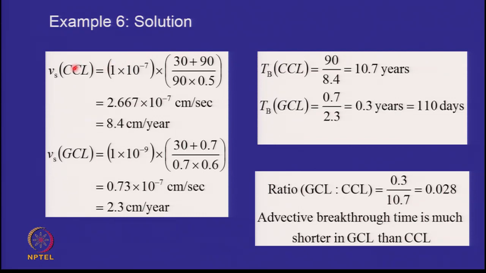So let us first look at CCL: 10 to the power of minus 7 centimeters per second, into (30 plus 90) over 90, divided by 0.5. This is the porosity effect.